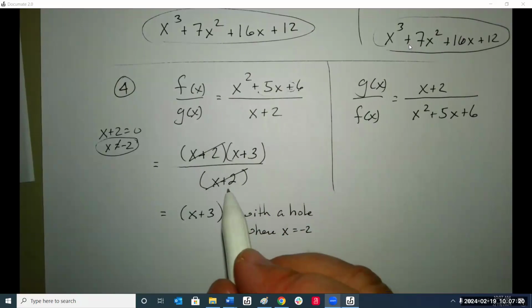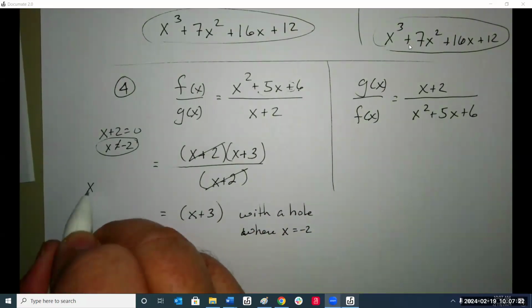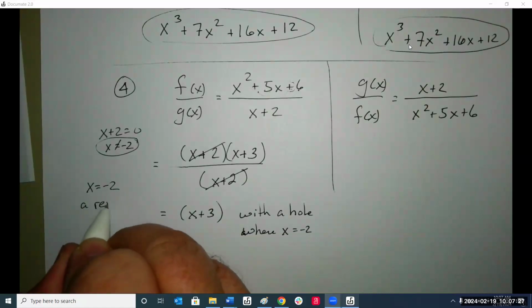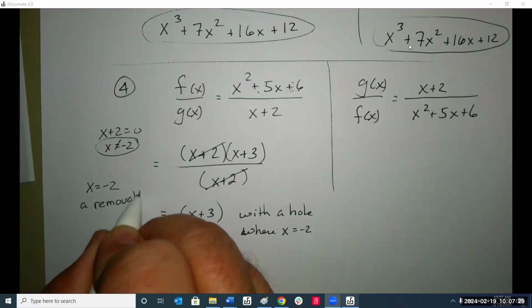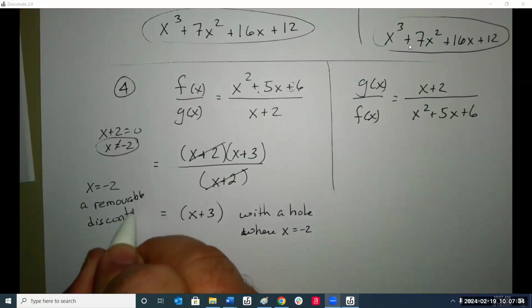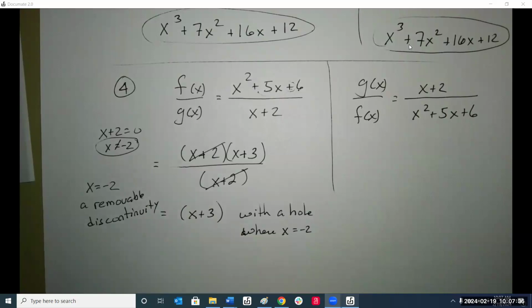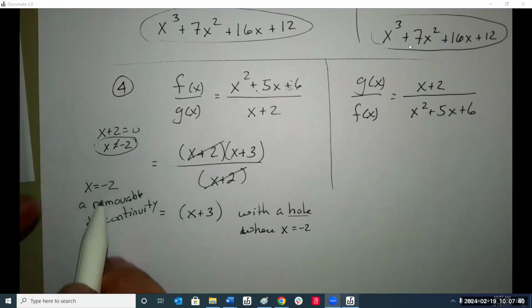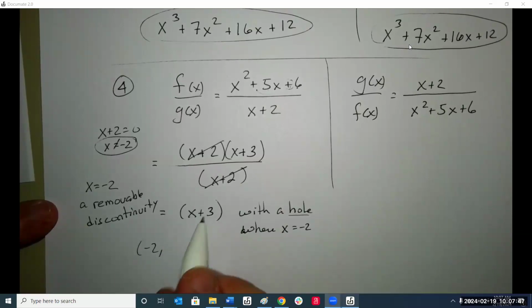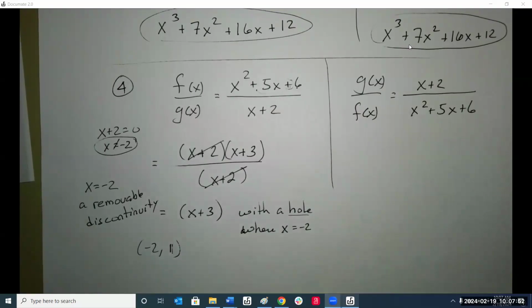But since we canceled it, x equals -2 is called a removable discontinuity. And that's why it's a hole. The removable discontinuity, so at whatever the value at -2 is going to be, so -2, 1, my graph will have a hole in it.